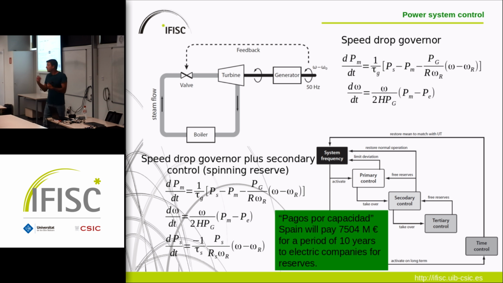And this is a very expensive thing because you have machines that have to be available but not producing, and these have to be paid for. In Spain, this is called pagos por capacidad, and it's actually a large amount. In the last 10 years it was 7,000 million euros. This goes to the utility companies that have these machines. So that's something expensive.